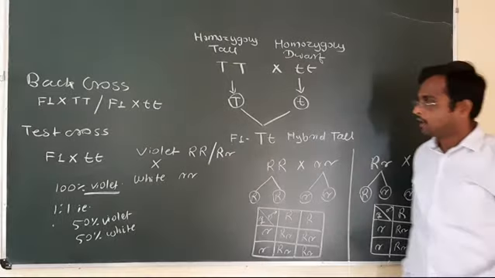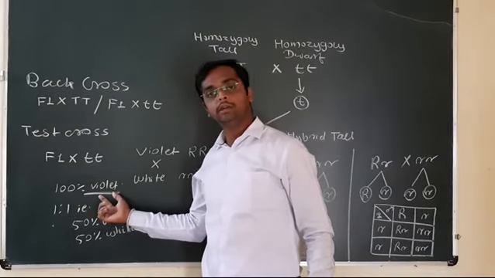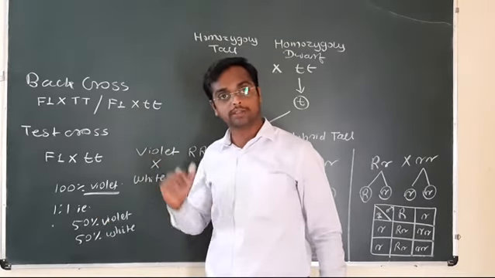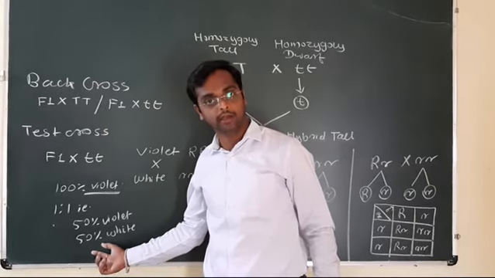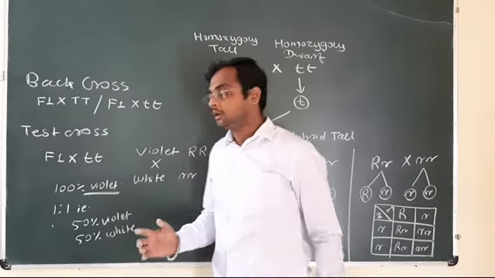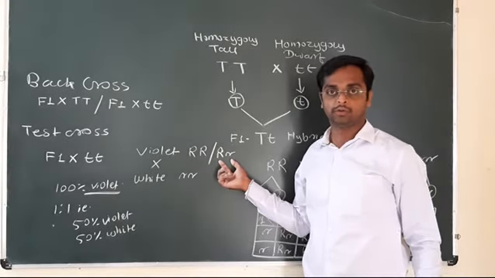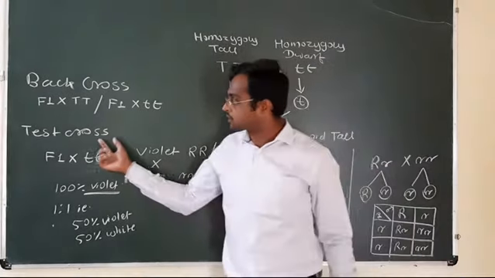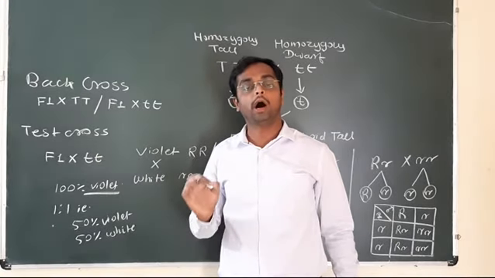Hence, if we get 100% violet, then the plant is homozygous type, and if we get 50% violet and 50% white, then the plant is heterozygous violet type. Understood? So the test cross is to determine the genotype of the unknown parent.